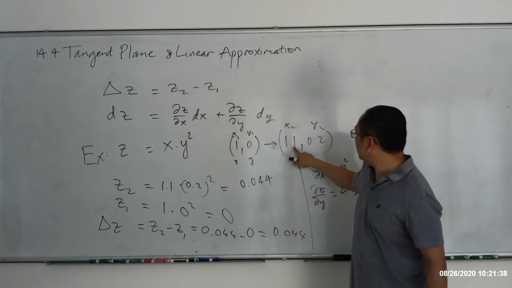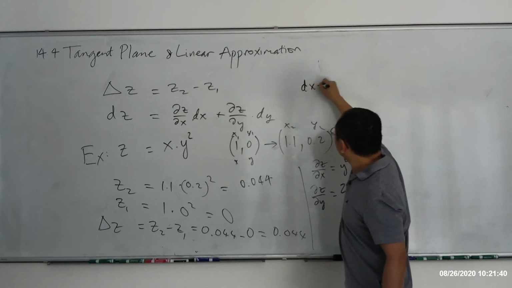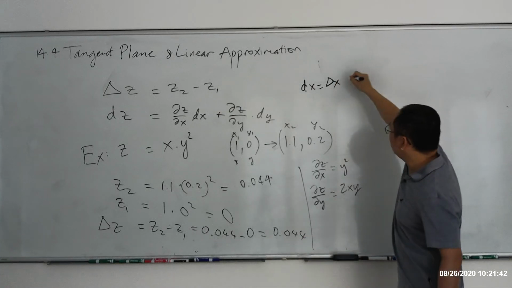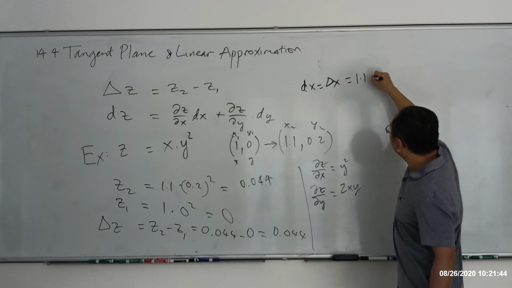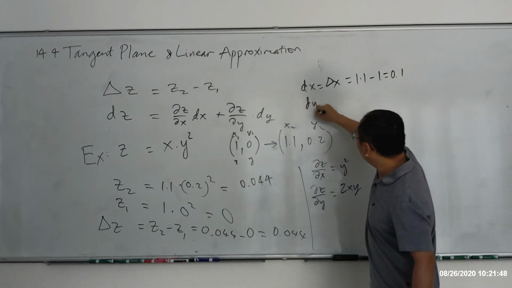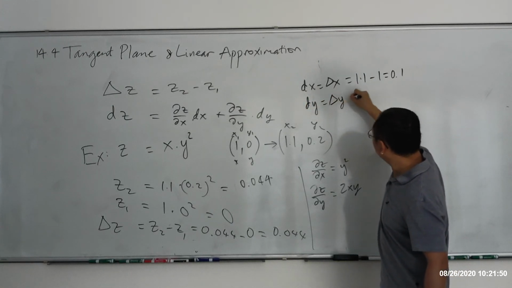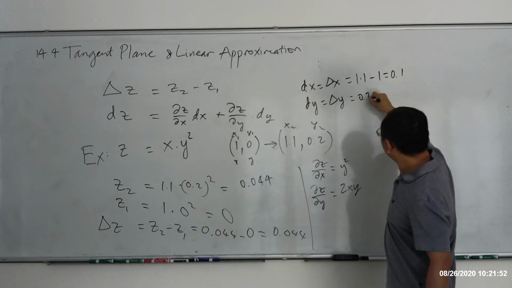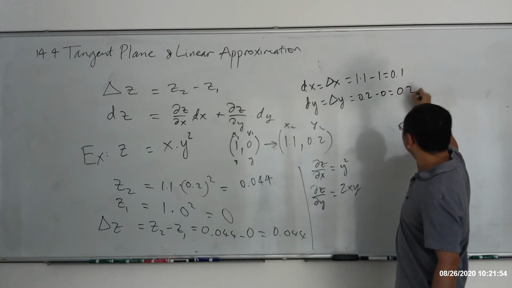Well, dx is approximately delta x, which is 1.1 minus 1, which is 0.1, and dy is approximately delta y, which is 0.2 minus 0, which is 0.2.